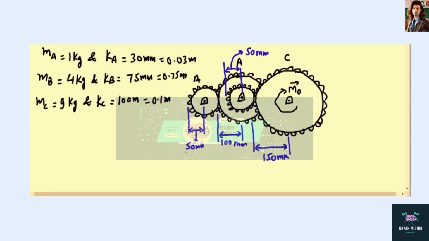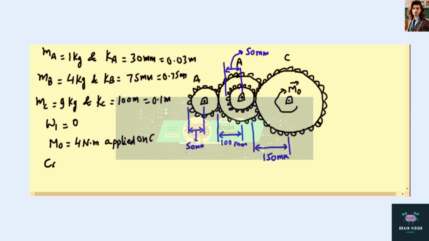The system is initially at rest, so the initial angular velocity is 0. A couple moment M0 of magnitude 4 Newton meter is applied on C. There is no slipping between the gears, that is, there is pure rolling motion.